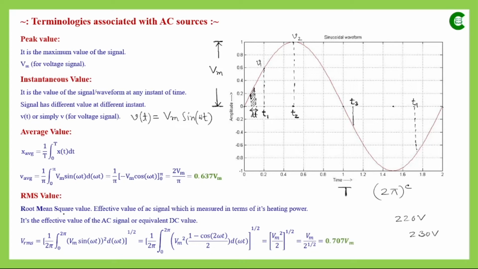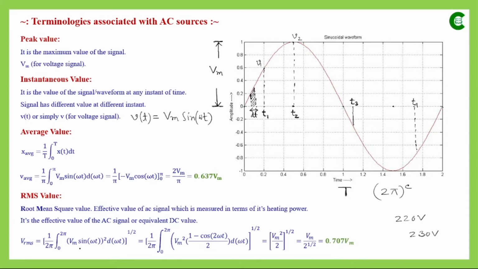Root mean square. Since we'll be taking the square value, even if we consider the negative half cycle and the negative amplitude, it will finally become positive. So to get the RMS value, we can consider the total time period instead of the half cycle or half time period.